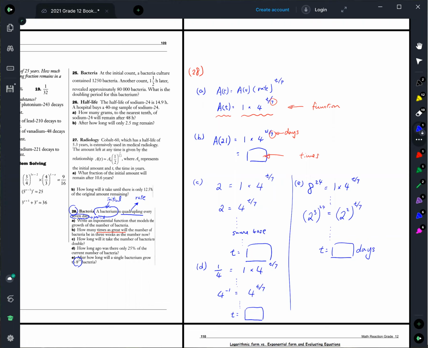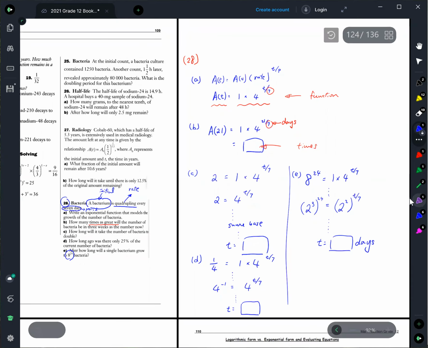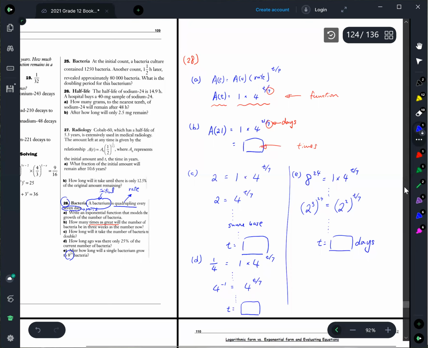So make sure you compare your work with this one. So today we'll be finishing the log chapter and start the new book.